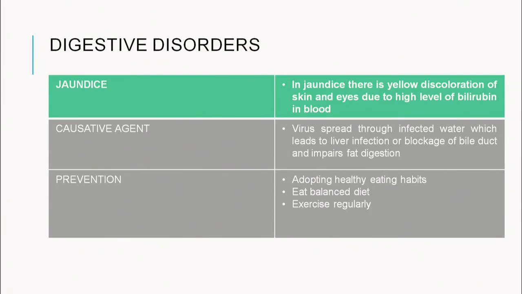The causative agent is a virus which spreads through infected water and which leads to liver infection or blockage of the bile duct, and ultimately, as we have studied, it impairs the digestive process, the emulsification of fats, or ultimately the digestion of the fats. The prevention is that we must adopt a healthy lifestyle, eat a balanced diet and exercise regularly.